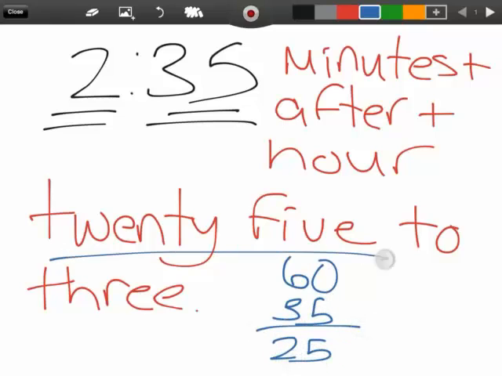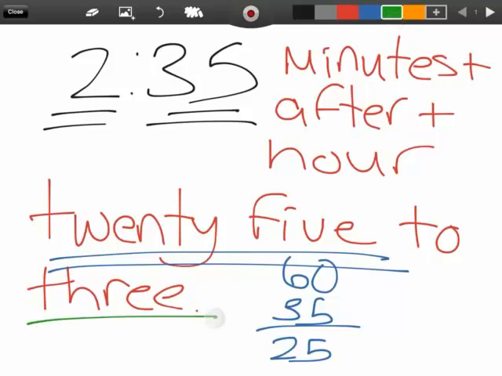That is 25, that's right here. And since the next upcoming hour is 3 o'clock, I said 25 to 3. So there are 25 minutes left to 3 o'clock. And you could say 25 to 3.